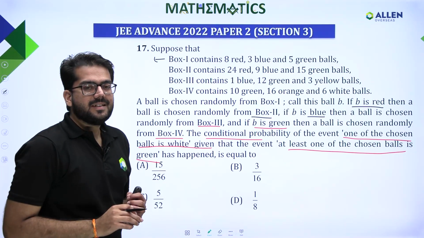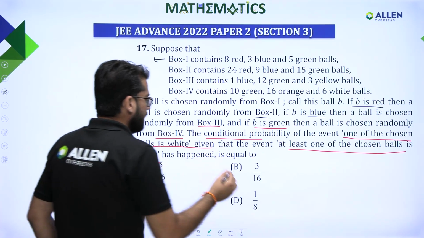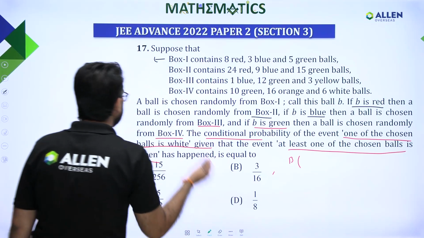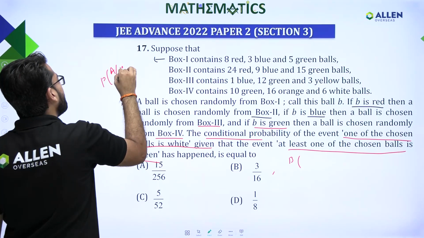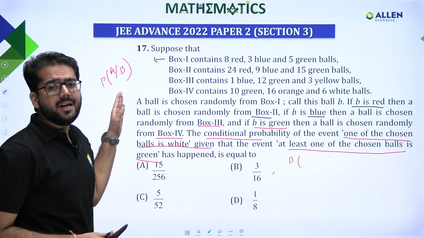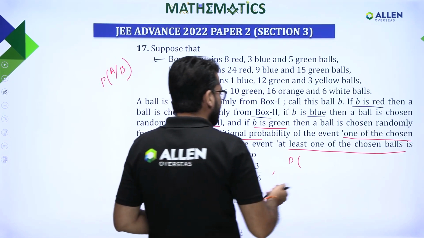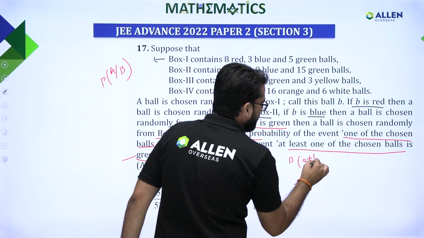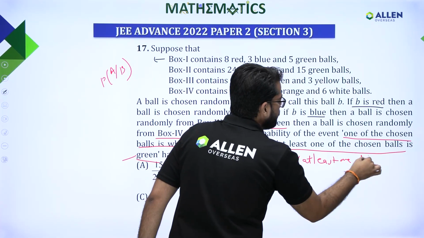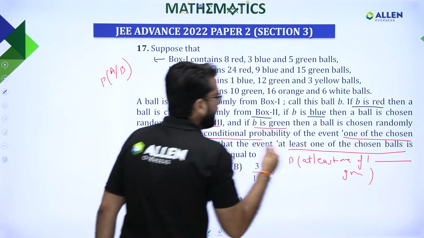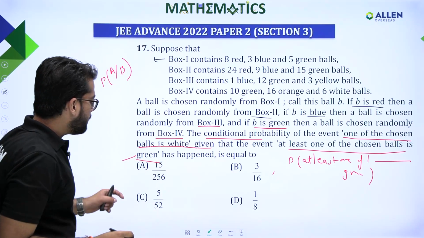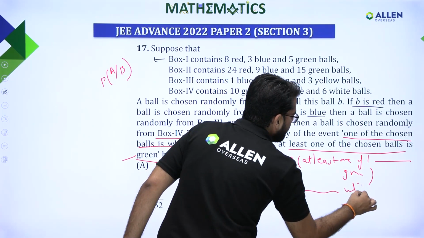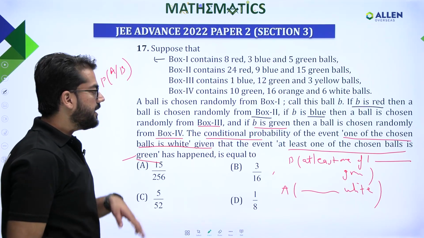They are asking about the conditional, so in short we need to find P(A given B), where the denominator event B is that at least one of the chosen balls is green, and A is that one of the chosen balls is white. Both are given. Now we need to find P(A given B).